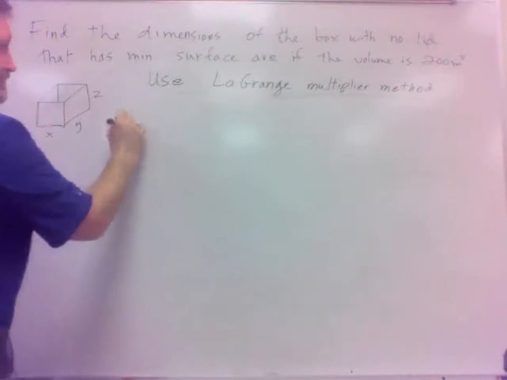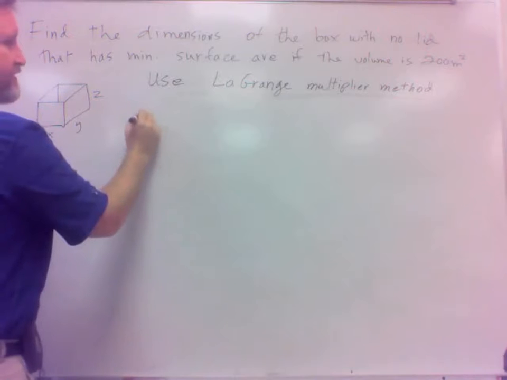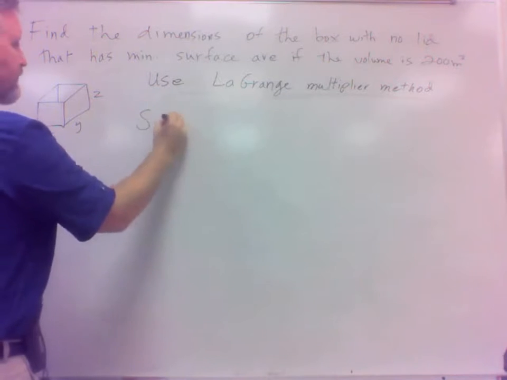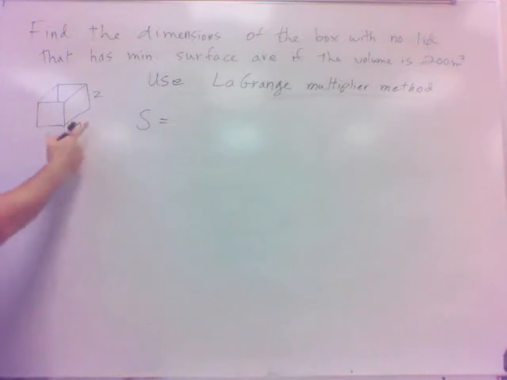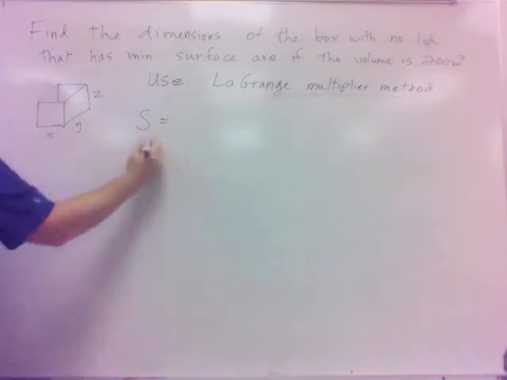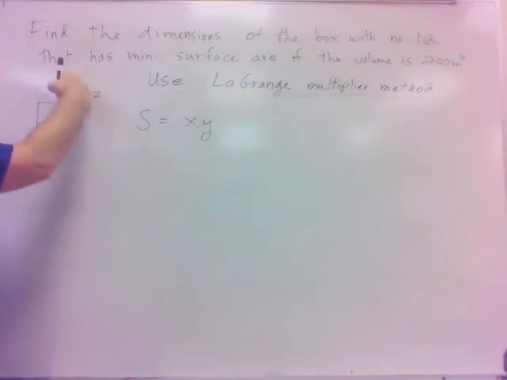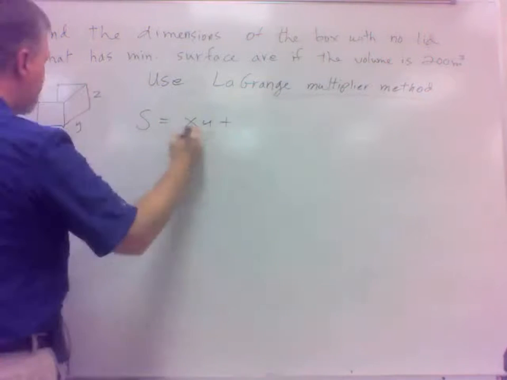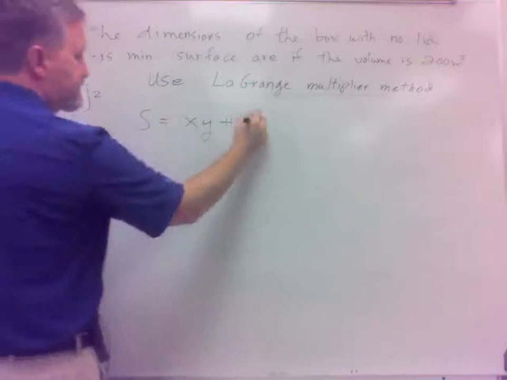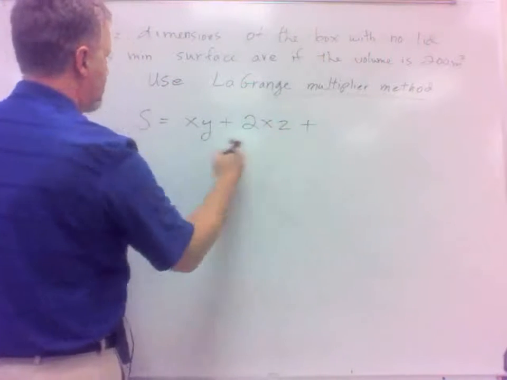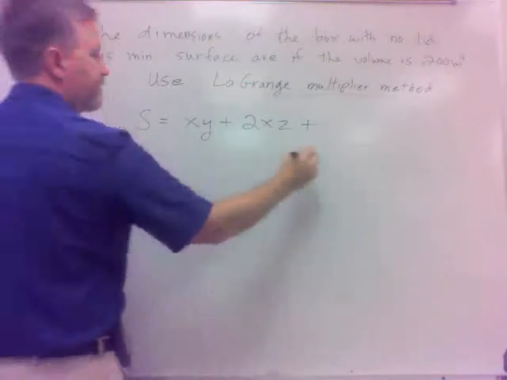All right. So Lagrange multiplier method. Well, first of all, we've got our surface area. Just have the one xy surface because we don't have the top. And we've got two xz's and two yz's.